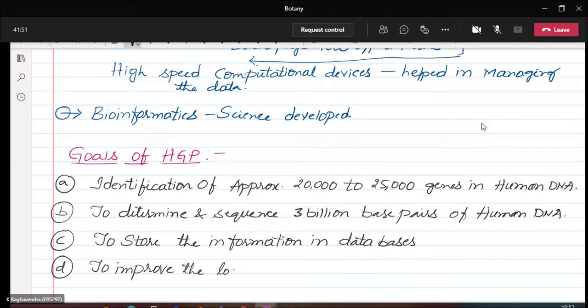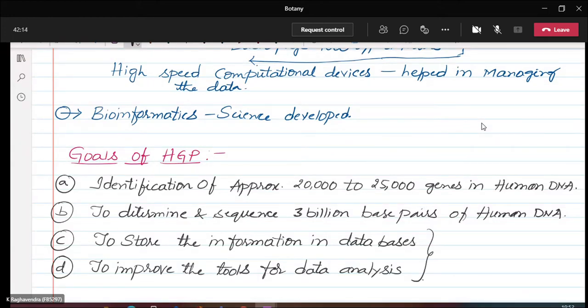See, in order to analyze the data, the tools have to be improved. This is one of the important goals. These two points are almost interlinked.